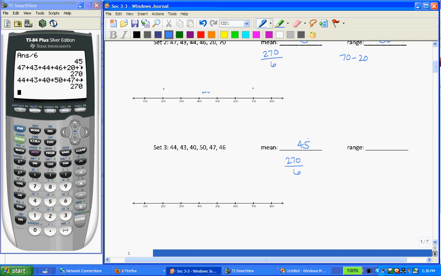And the range, let's see, our high value is 50, and our low value is 40, so our range is 10. And if we plot those, so 44, 43, 40, 50, 46 and 47.